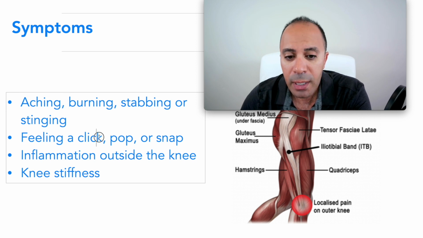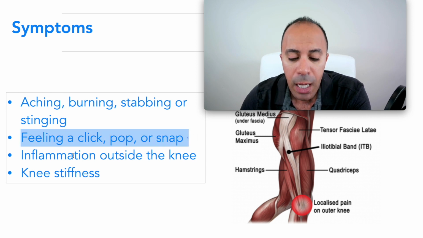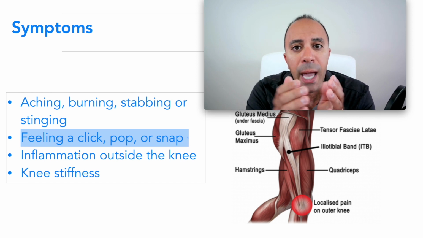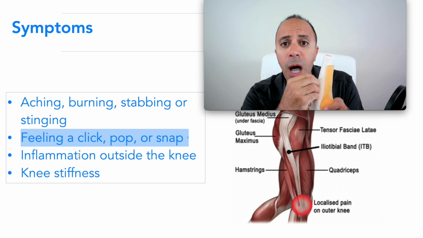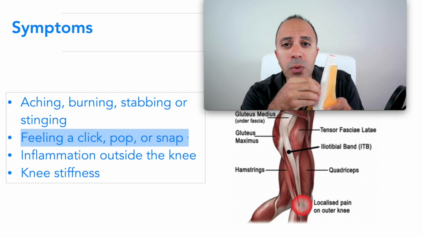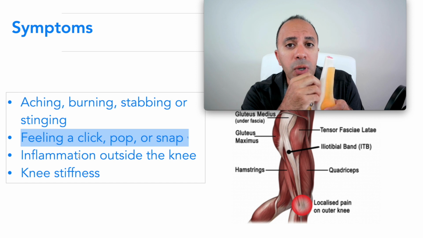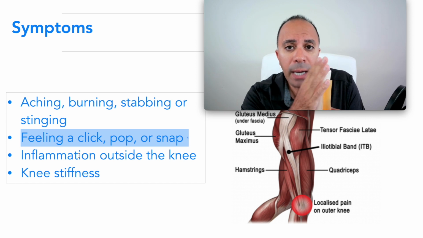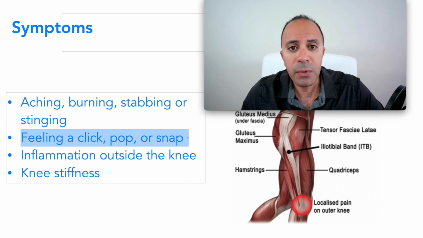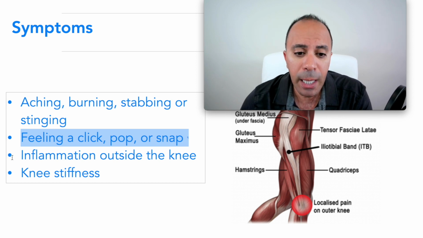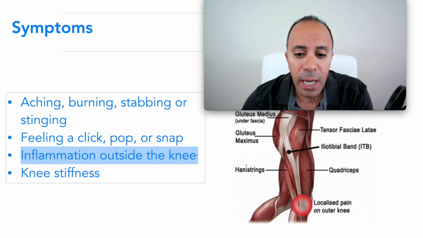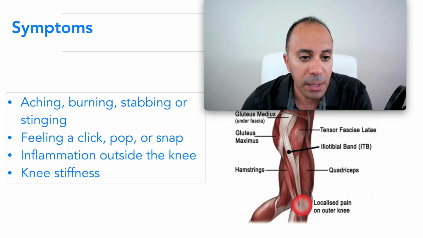Sometimes you might feel a clicking or popping in your knee or around the IT band area, and when you palpate the IT band, you will notice that there are a lot of nodes, which is usually scar tissue. You feel like grinding around the band, and that's very typical with inflammation and building scar tissue in that area. So inflammation outside the knee because it puts more stress on that area, and knee stiffness.